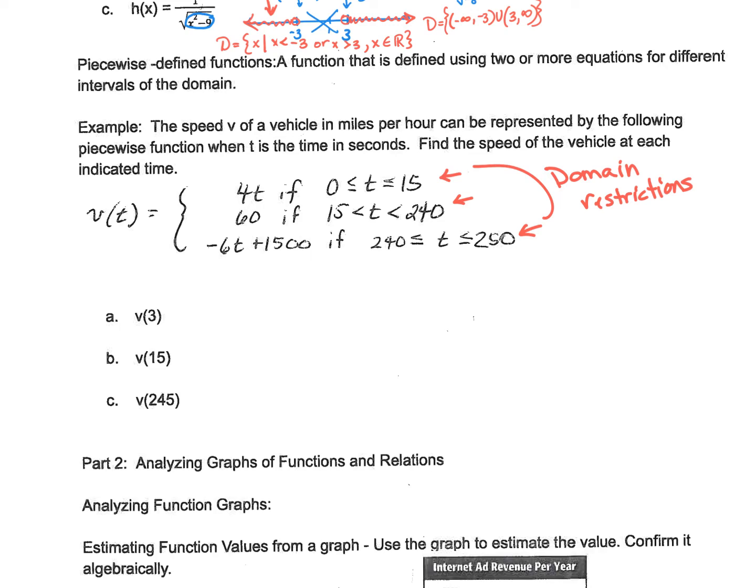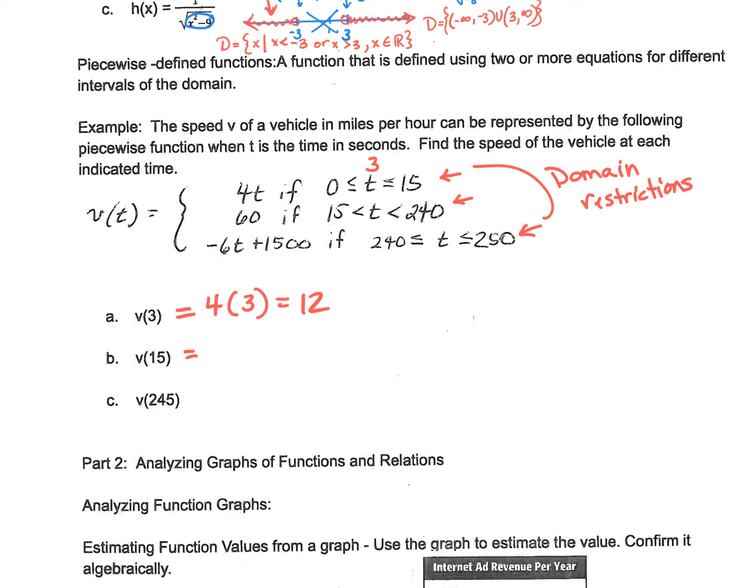So v of 3. Am I going to use the first, second, or third equation? First, because 3 lies somewhere in there, doesn't it? Between 0 and 15. So what am I going to plug into? Yeah, 4 times t, which is 3. So 4 times 3 is 12. So we use the first one. V of 15. I included this one because sometimes people get confused. We have 2 of them that have 15 in the domain, don't we?